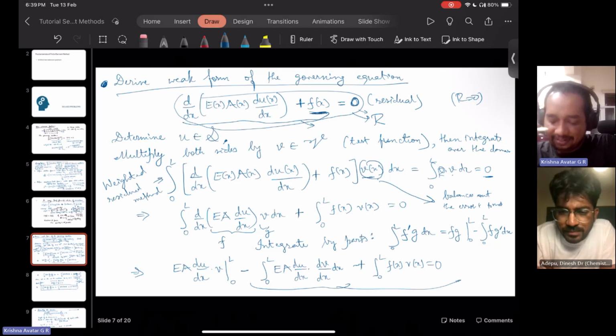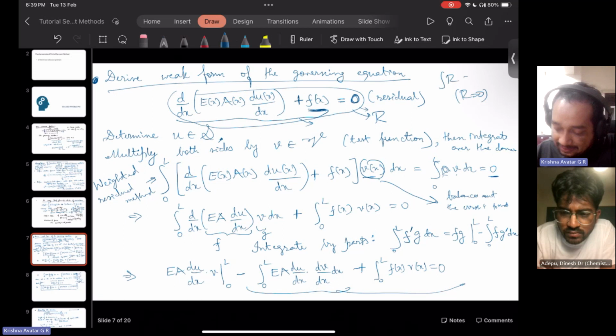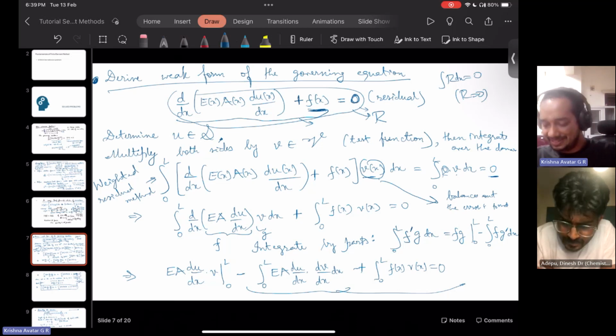Yes. So one reason is, say if we are just multiplying R to be zero, then let's try to understand why we don't do it. There has to be some reason, right?